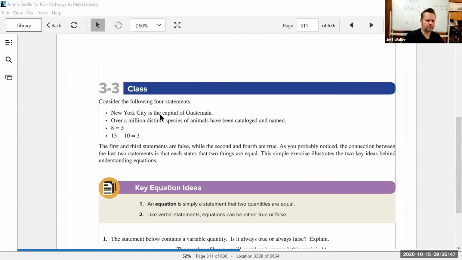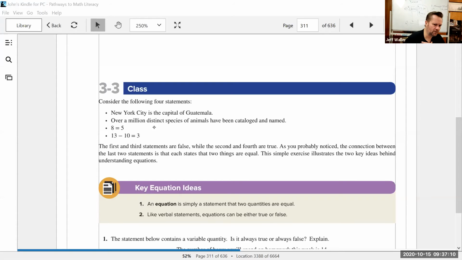Now this is interesting. I kind of like this. So these statements: New York City is the capital of Guatemala. Well, that's interesting. Over 1 million species of animals have been cataloged and named. 8 equals 5, and 13 minus 10 equals 3. So it turns out, obviously, the first statement is false.